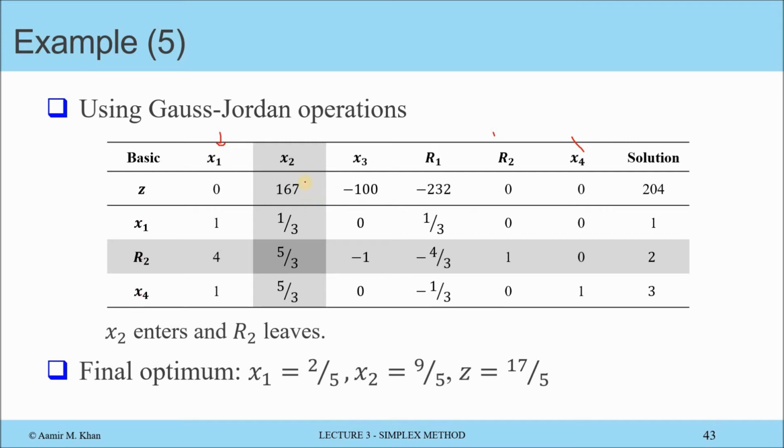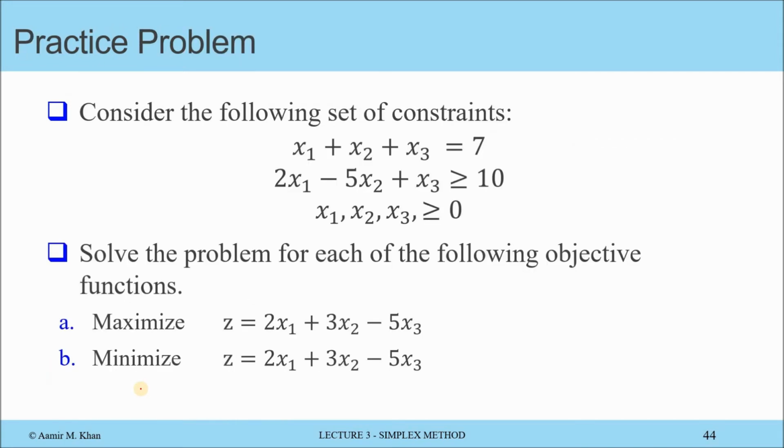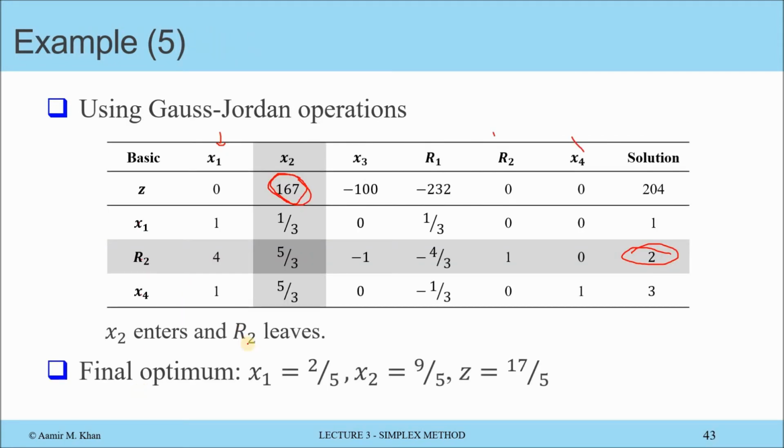You will see the most positive value is for the X2, so that will be your entering variable. And again, when you take the ratio of this column, you will find out that your R2 is the leaving variable. Okay, and based on that, when you again do the complete iteration, you will find out the optimum value, which is this.